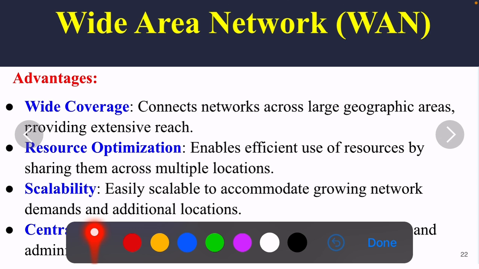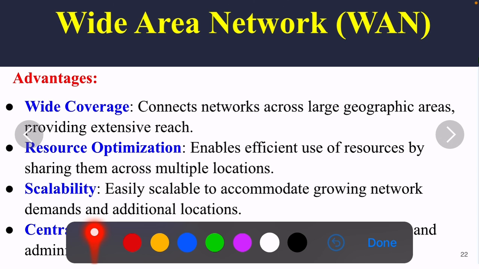WAN covers a larger geographical area of 1,000 kilometers or more. If your office is in different cities or countries, then you can connect your office branches through a wide area network.